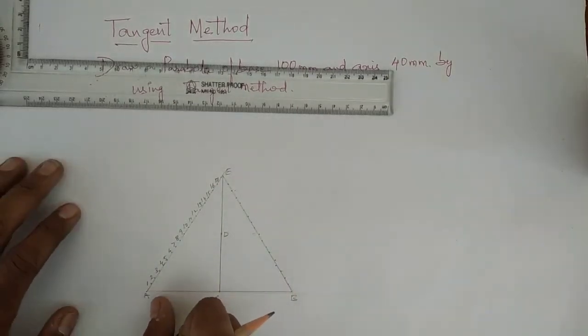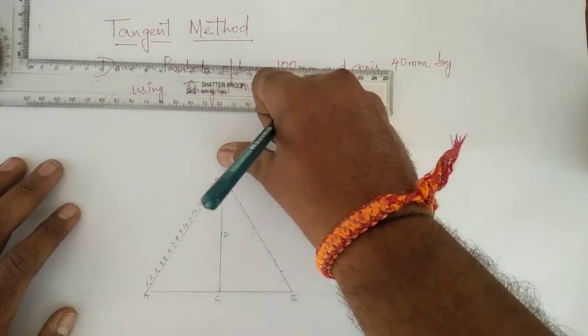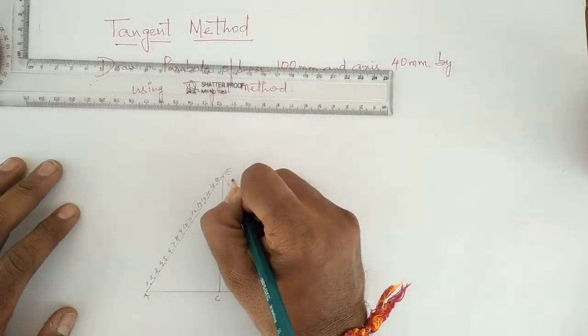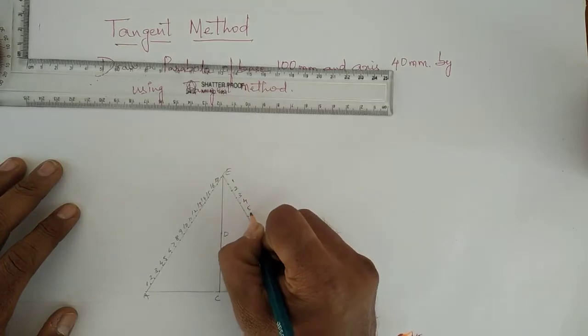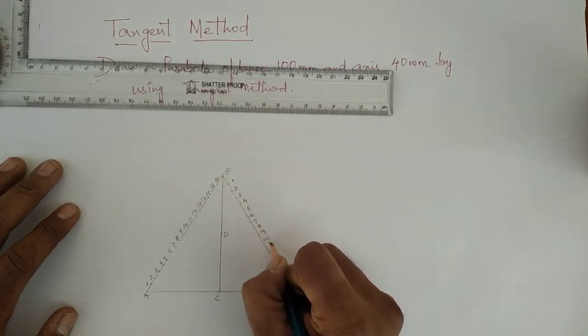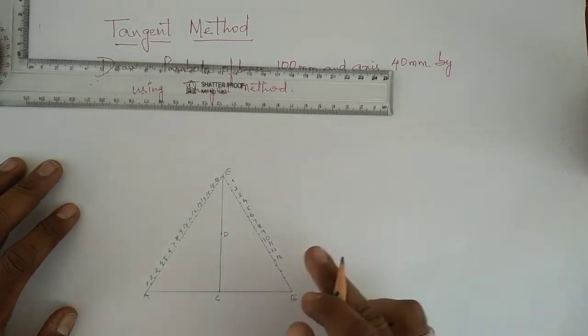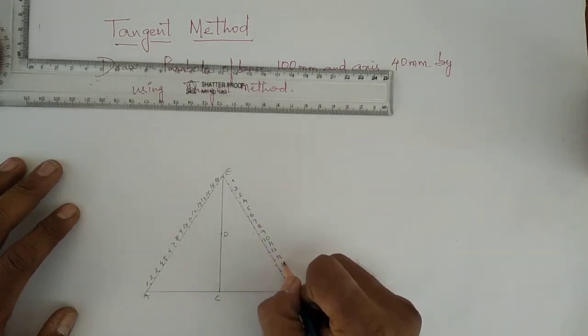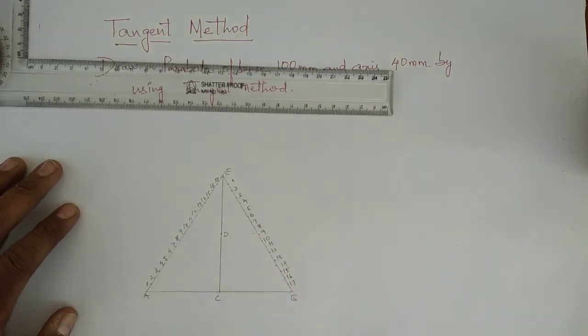The numbering I have given from A to E was from down to up. Now start giving the numbering from up to down, in reverse order. 1, 2, 3, 4, up to 17.